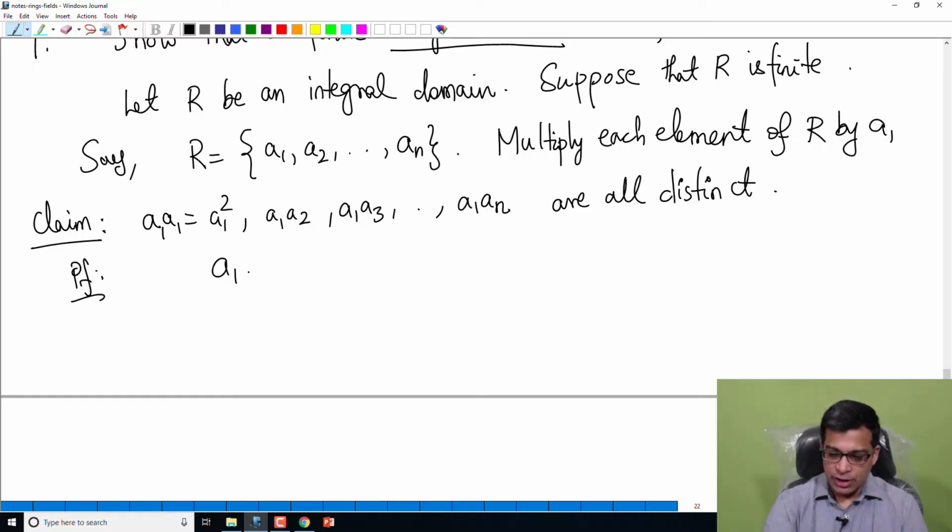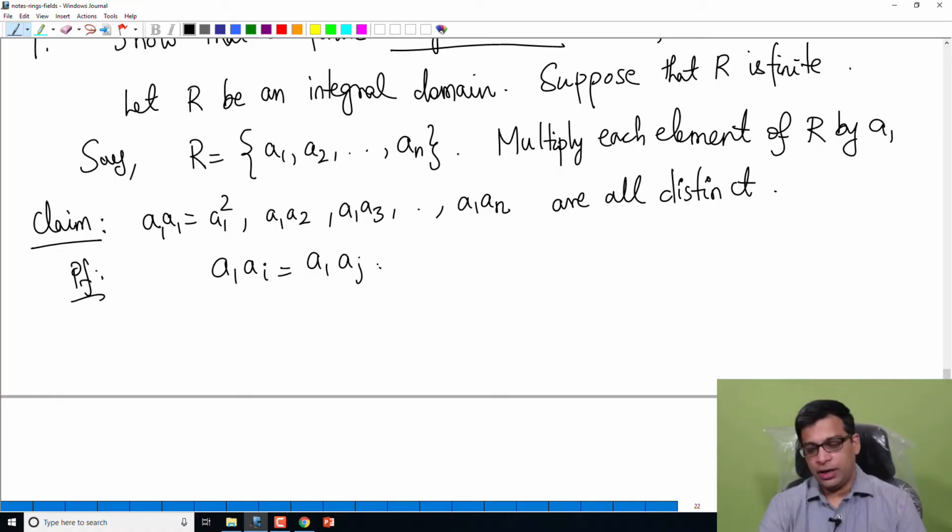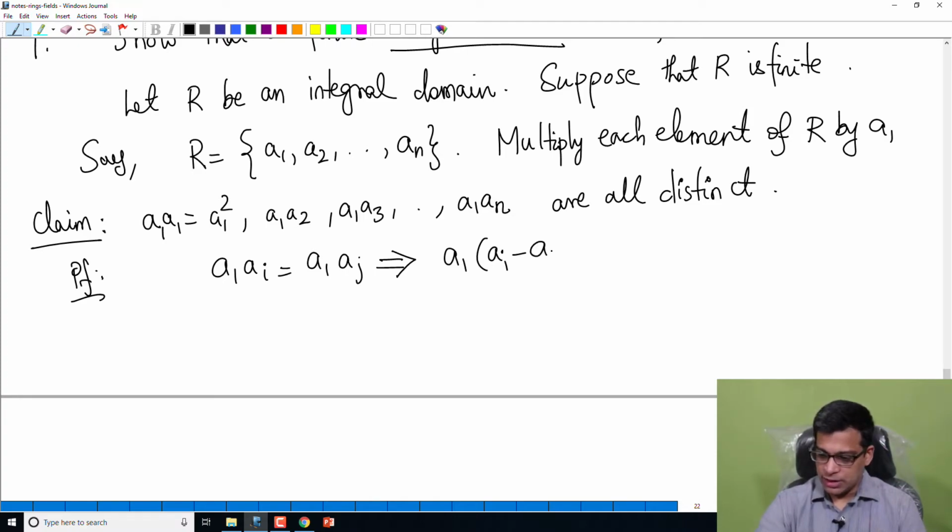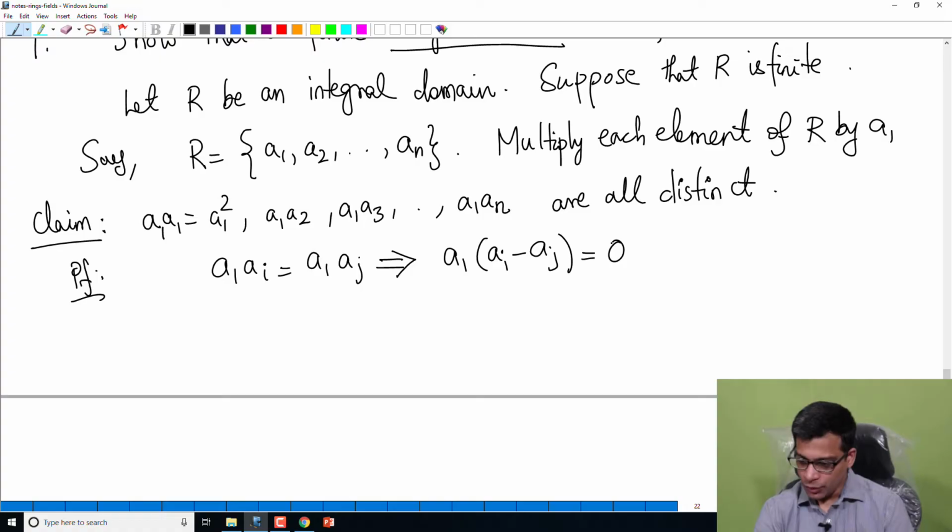So suppose A1 AI is equal to A1 AJ. By usual ring properties, taking A1 AJ to one side and factoring out A1, this gives A1 times (AI minus AJ) is equal to 0.